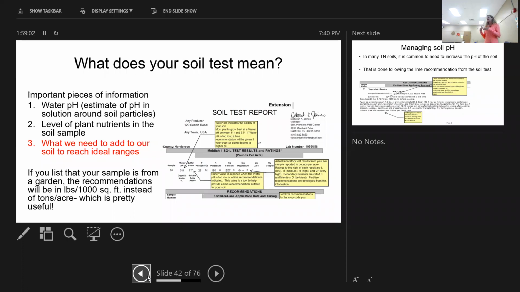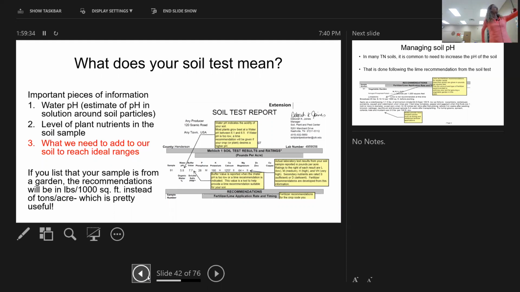Like on a lawn, it will say average maintenance, high maintenance, medium, and you pick one. If you want golf course quality, that would be your highest maintenance level, and you're going to follow those recommendations from there. If you're just happy with something green out there, you can follow those lower maintenance recommendations, and there's less fertilizer input and such. So it depends on what your expectations are also.